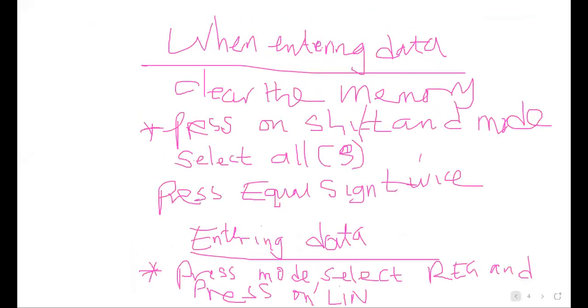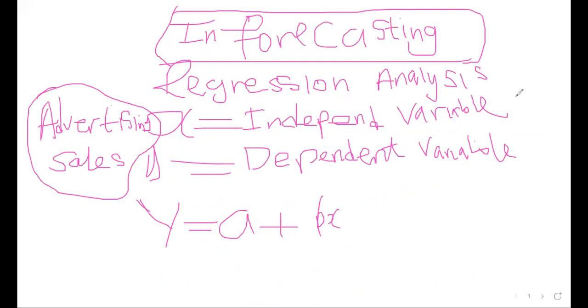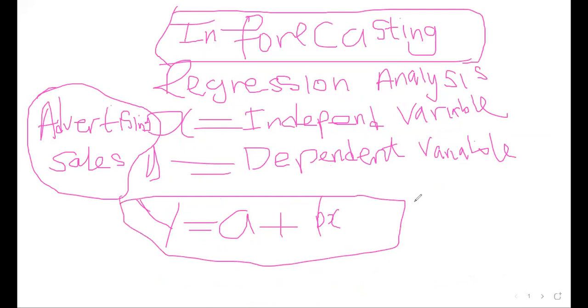Just a recap for those who missed it: under forecasting, we look at the regression analysis where x is the independent variable, y is the dependent variable, and this is the line of regression. You are able to see?